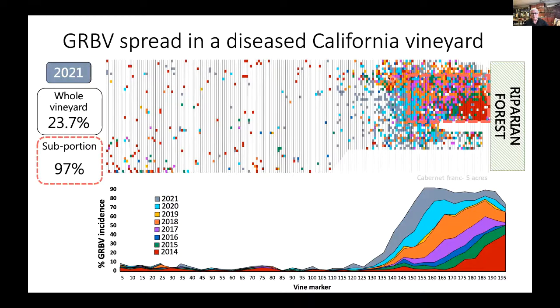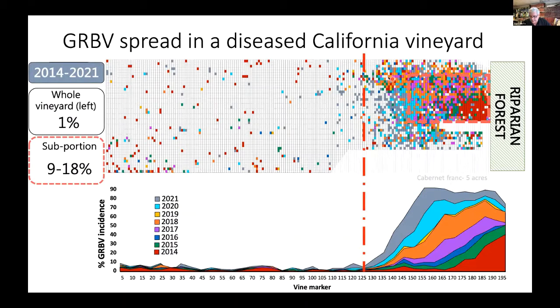So if I summarize what I have learned by monitoring that Cab Franc parcel over 8 years, there are distinctly two different dynamics of spread. One that is predominant consists of random locations of newly diseased vines.